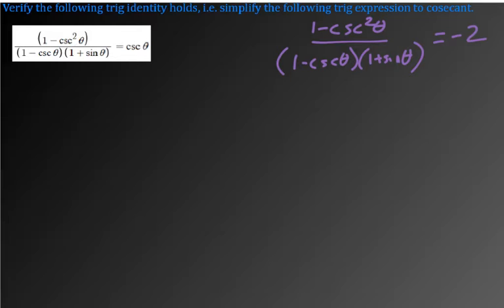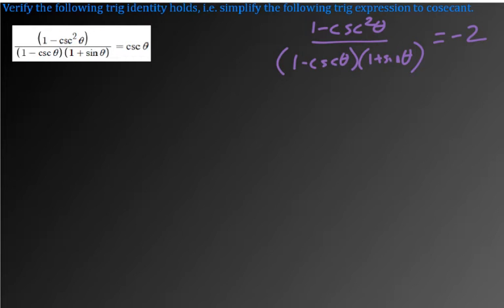So one thing I'm seeing right here, you've got a 1 minus cosecant theta, and you've got a 1 minus cosecant squared theta. If you're thinking differences of perfect squares, this is actually nice because 1 minus cosecant theta is a factor of 1 minus cosecant squared theta.